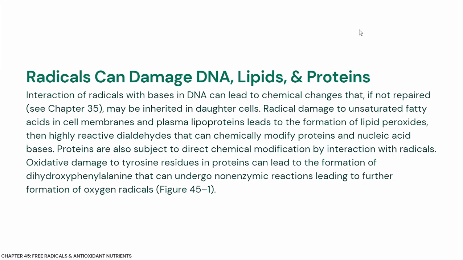It now has a damaged DNA in both of the daughter cells. No? So that is how mutations can come around. All right. It says it can also damage lipids.